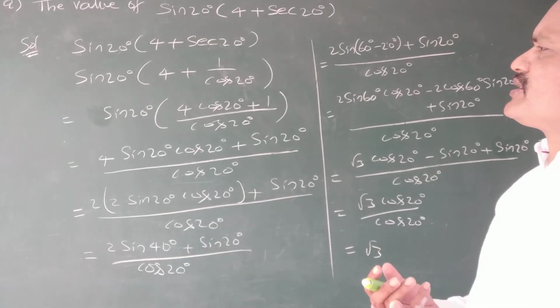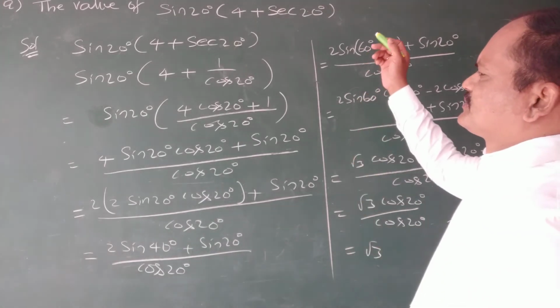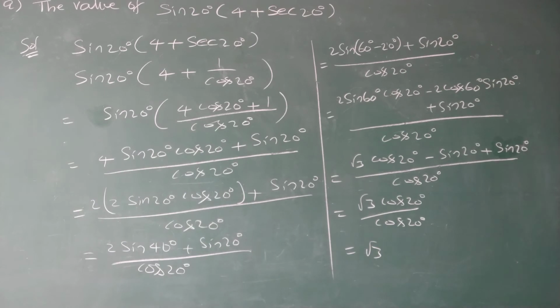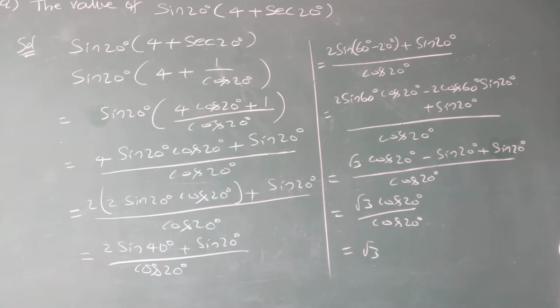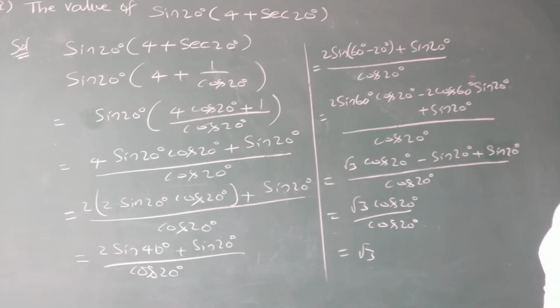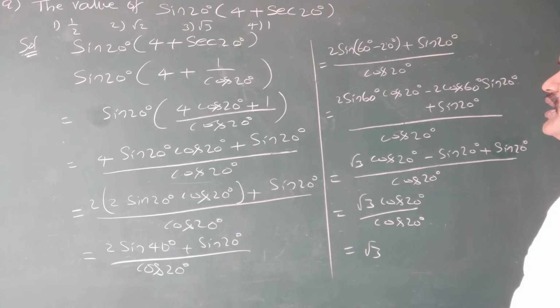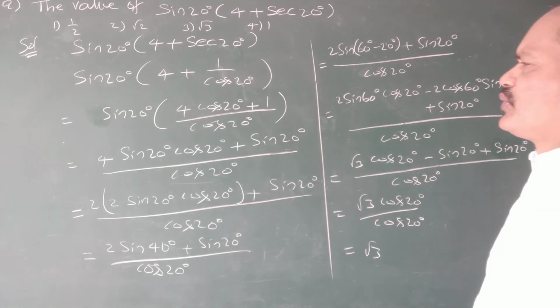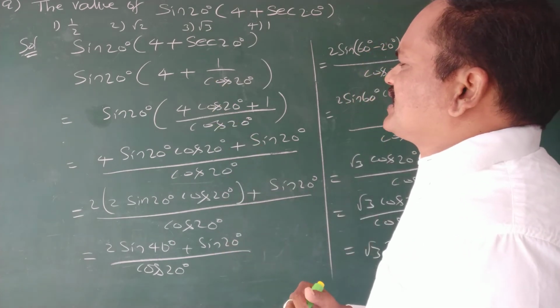Now observe the question: the value of sine 20 degrees into 4 plus secant 20 degrees. The options are: first option 1 by 2, second option root 2, third option root 3, and fourth option 1. We have to take the expression sine 20 degrees into 4 plus secant 20 degrees.